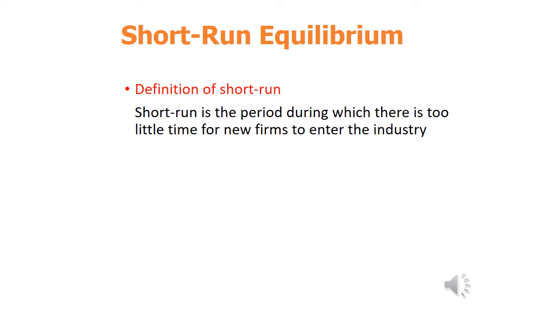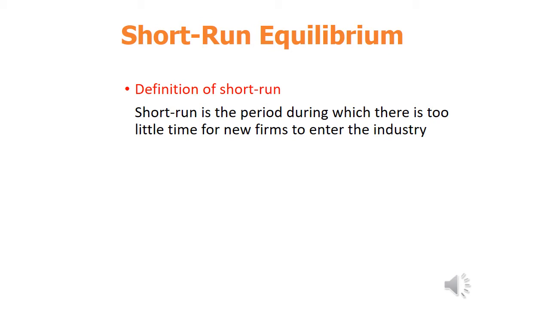Now, last topic on output and cost, we already mentioned that we have measurements of time: short run for a short period of time, long run for a long period of time. For the previous topic, we measured short run by the presence of a fixed factor of production. Now in this topic, perfect competition, short run is also a short period of time, but the criteria is a little bit different.